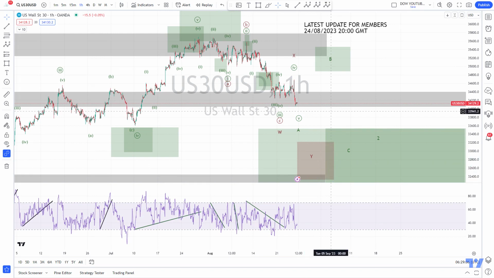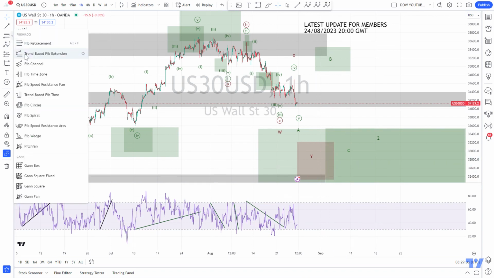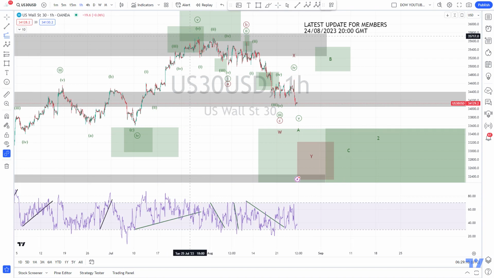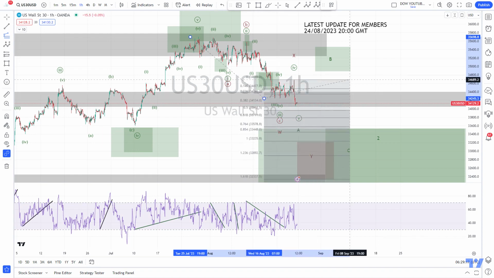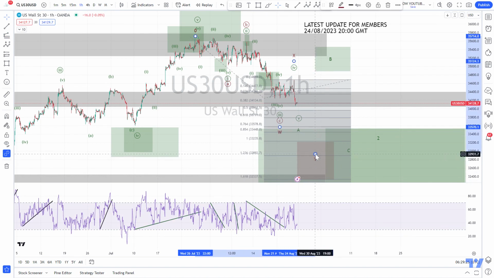If this plays out, then the target for our wave Y becomes this area here. We take the length of our wave X, and the area between the 1 and the 1.618 FIB extension is the target for our wave Y, which also goes here in the wave 2 area. So this could mean that our correction is finished here.